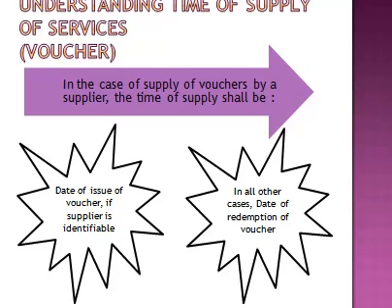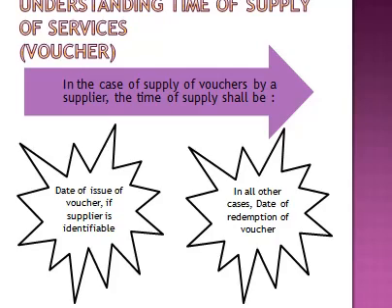Now, for understanding the time of supply of services under the voucher method, we have already discussed this method in the goods section. So, no changes are there. We are following entirely the same method and formula which we followed in case of time of supply of goods.